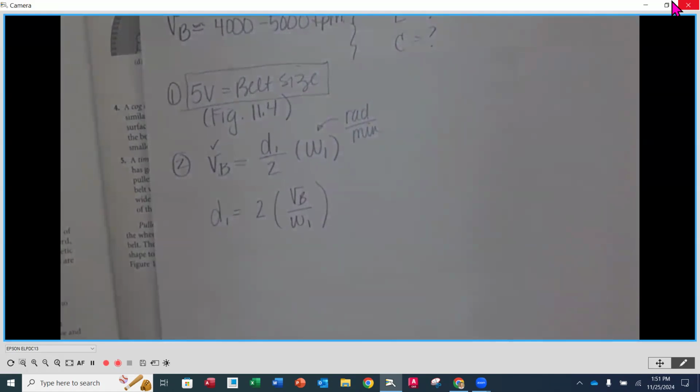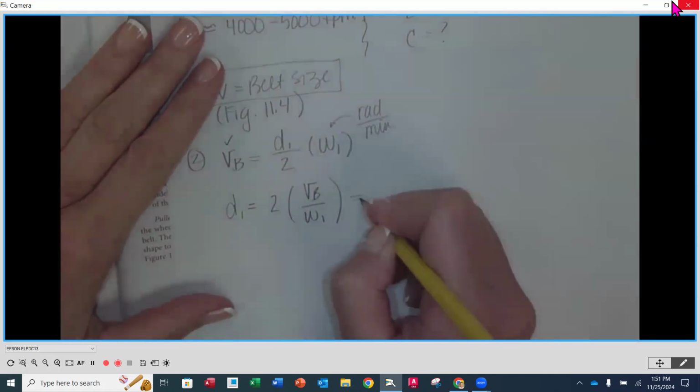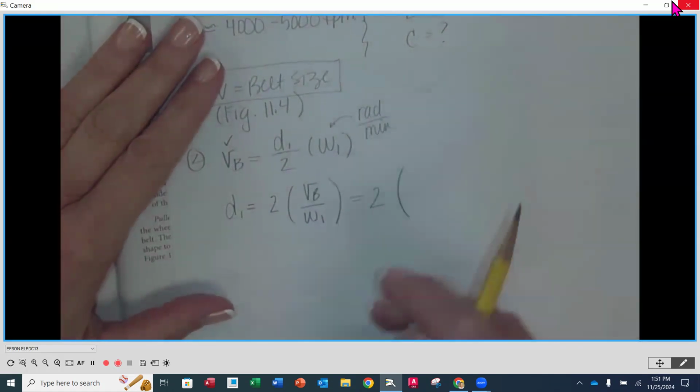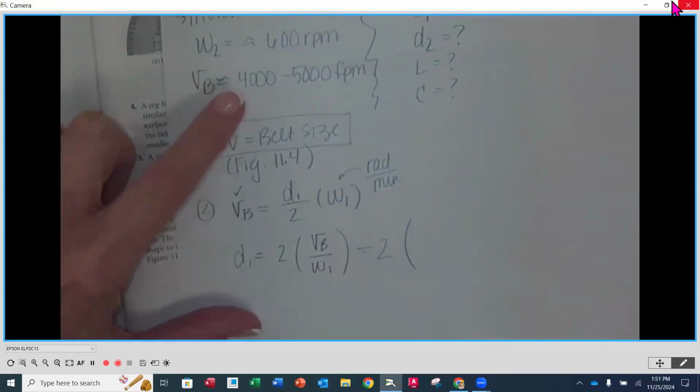You should come up with 2 times VB divided by W1. Did you get that same thing algebra-wise? Okay. So now that we have this solved for, go ahead and plug in your values. So this is going to be 2 times, on top is going to be our straight line velocity. Now, our straight line velocity is given to us as a range, 4,000 to 5,000 feet per minute.